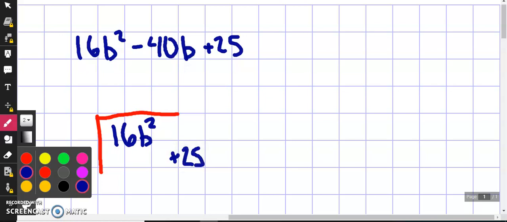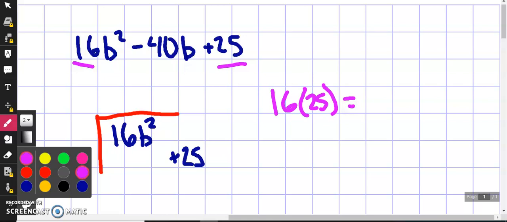And I know I have two missing numbers that add up to negative 40. So just like last time, I'm going to take 16 times 25 because those are my numbers on the outside. That's going to give me 400.